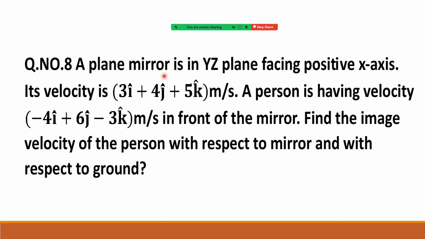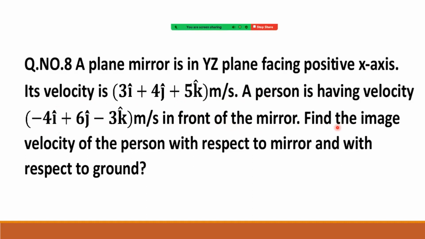A plane mirror is in YZ plane facing positive x-axis. Its velocity is 3i cap plus 4j cap plus 5k cap meter per second. A person is having velocity minus 4i cap plus 6j cap minus 3k cap in front of the mirror.